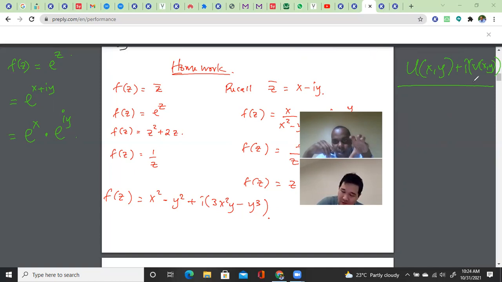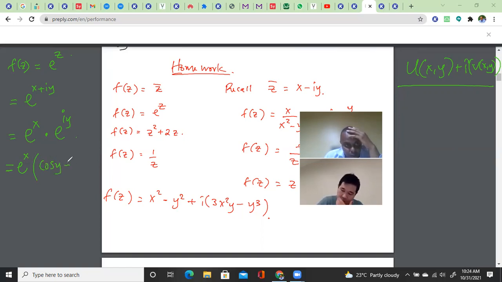At this point, you cannot do the derivative, so you bring in Euler's formula, which is e to the i theta equals cosine theta plus i times sine theta.